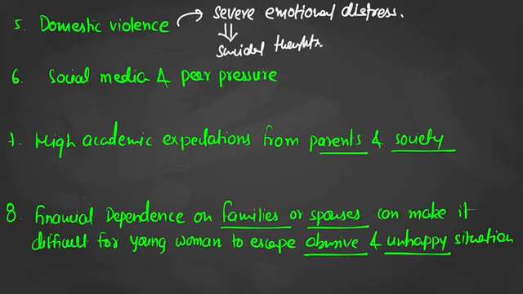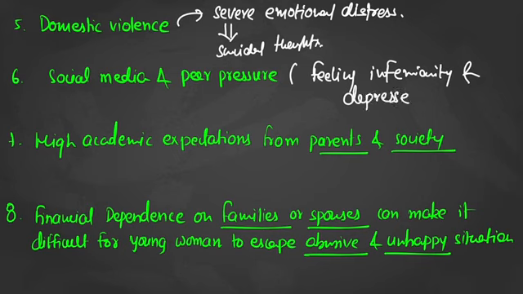You can talk about social media and peer pressure. Again, here you can also talk about trying to achieve unrealistic beauty standards and lifestyle standards, because of which they may start to feel an inferiority complex, feeling inferior, and they may feel depressed also. Can you talk about obesity and all here? You can talk about it. Then these points are very gender neutral. High expectations from parents and society, because now they think that they have to clear this exam, or they have to go to this B school.